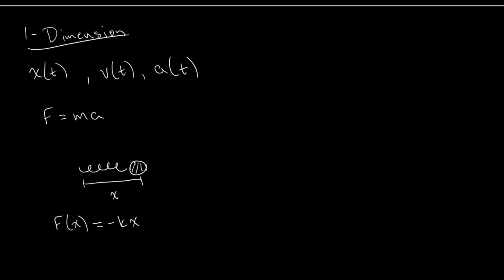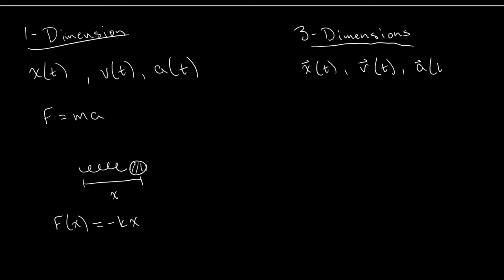Now, in 3 dimensions, or in any number of dimensions, I guess, since we had the question, a lot of this story was the same, except now we're talking about vectors, right? Where vectors, of course, are things with not only a size, but also a direction.